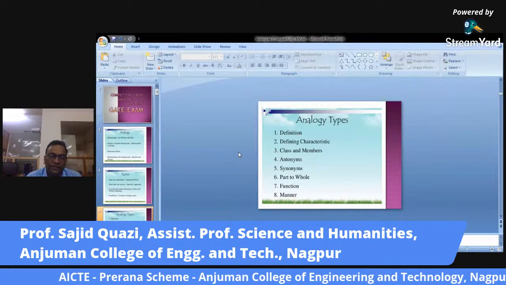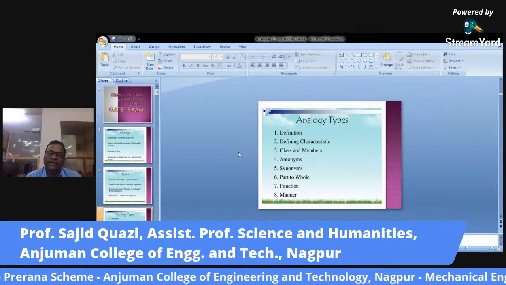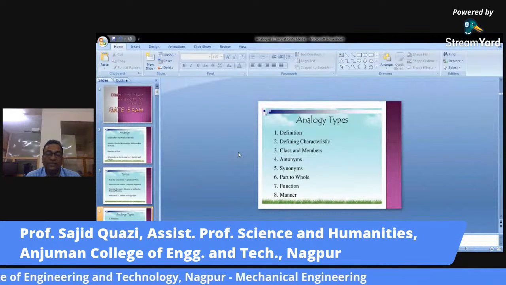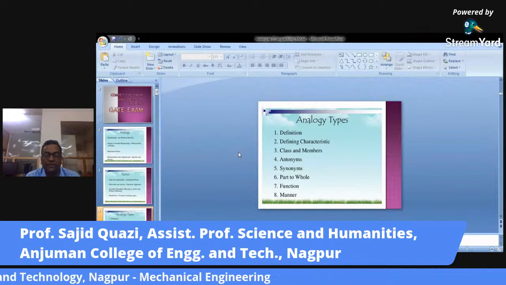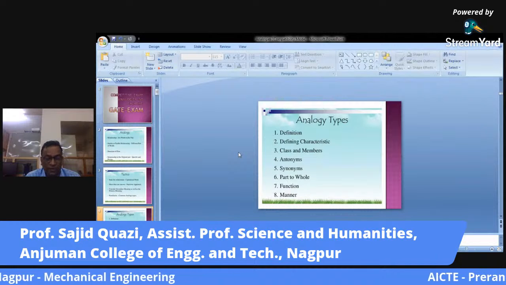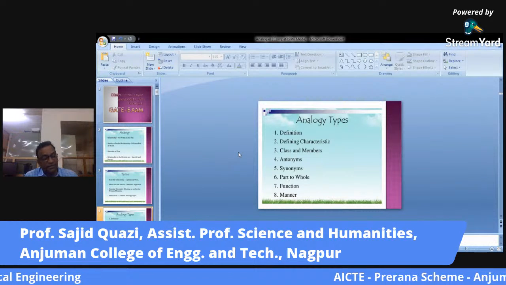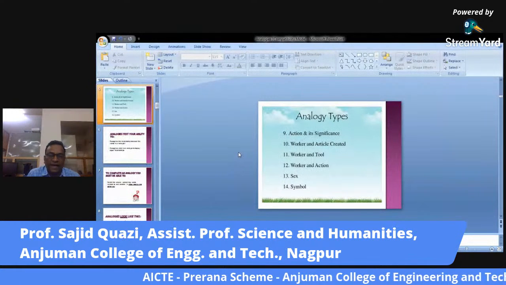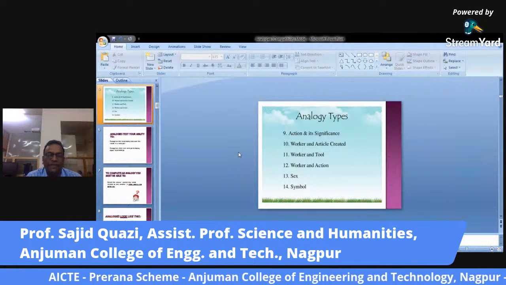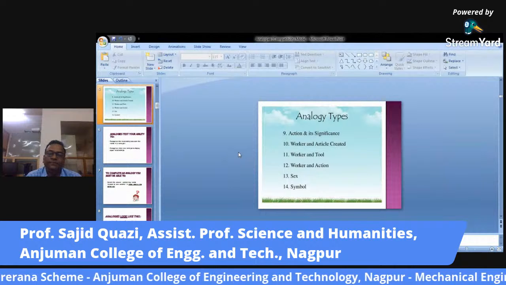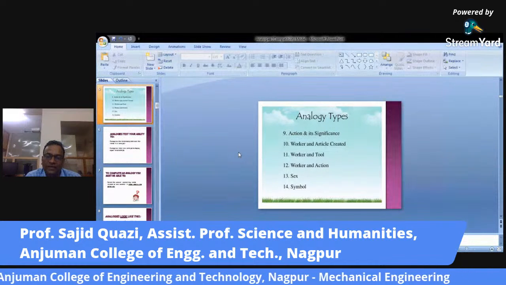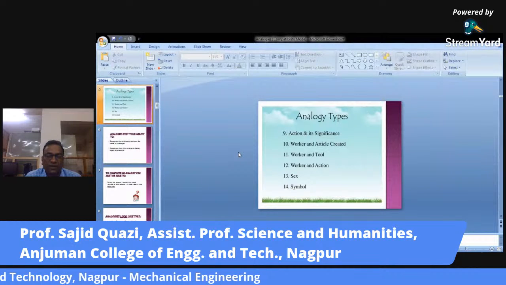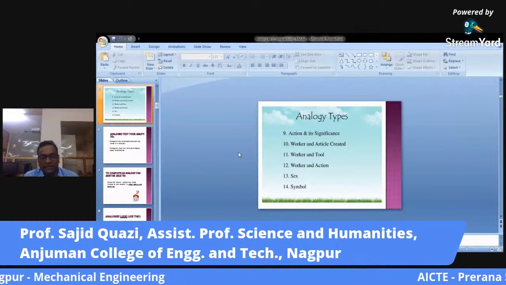It may be definition, defining characteristics, class and members, synonyms and antonyms, part to whole, function, manner. See, the categories continue: action and its significance, mostly asked in examinations. Worker and article created, worker and tool, worker and action, sex, symbol.